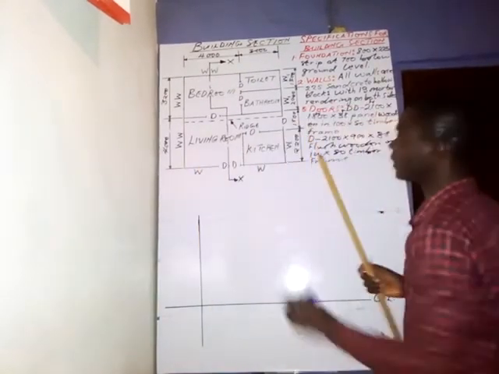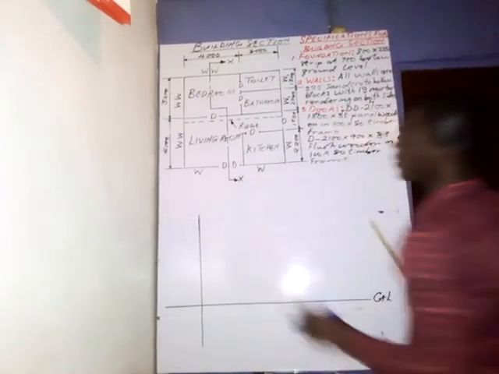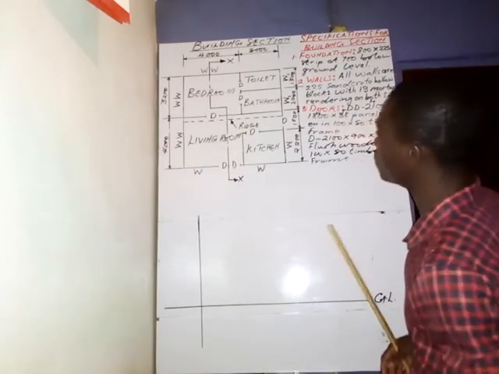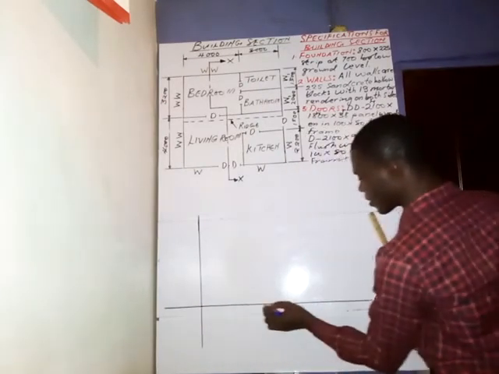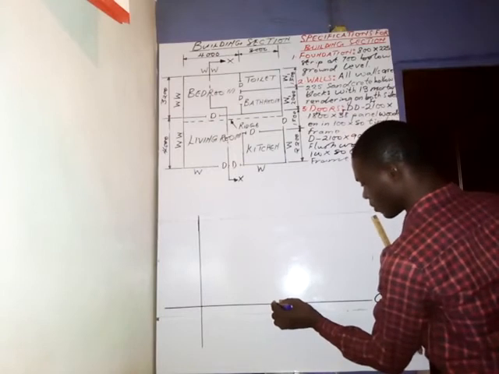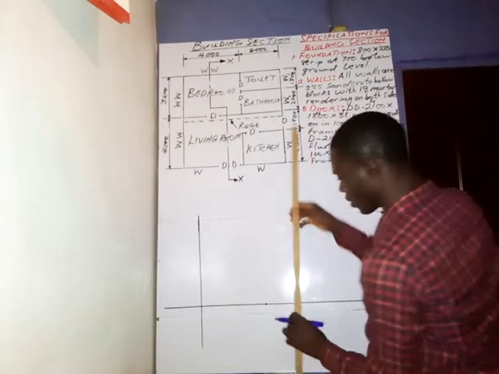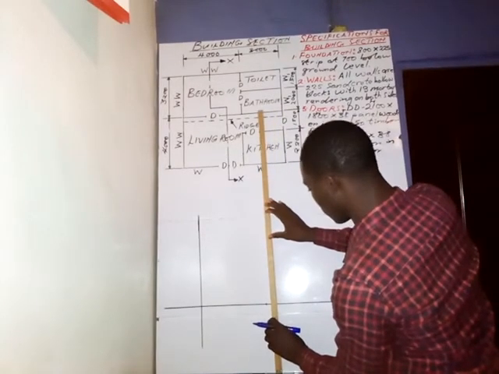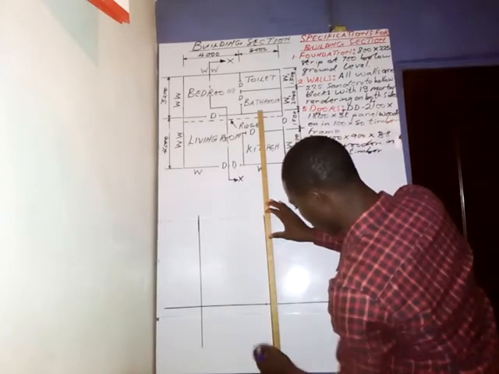So the distance from here to here is 3,200. 3,200 by 50 will give us 64. So you take a measurement of 64 millimeters. So you draw a vertical line like this.